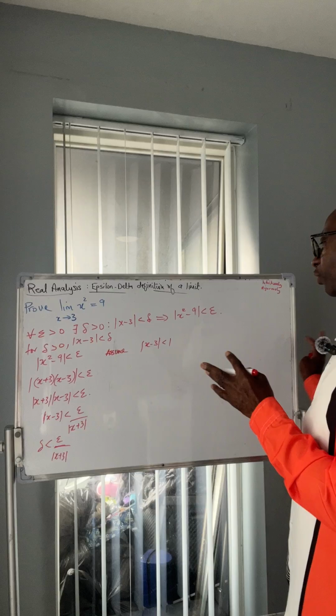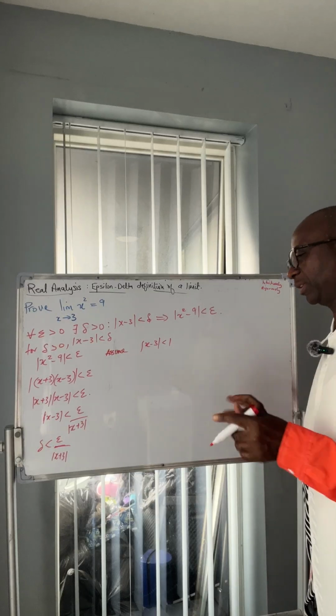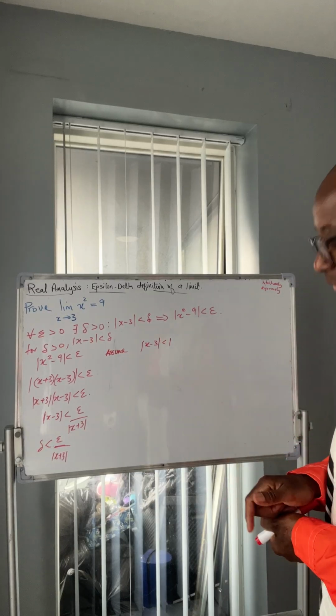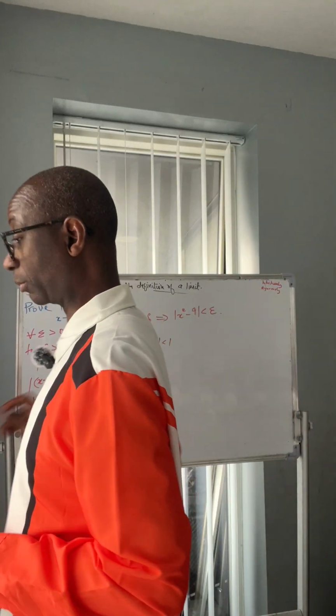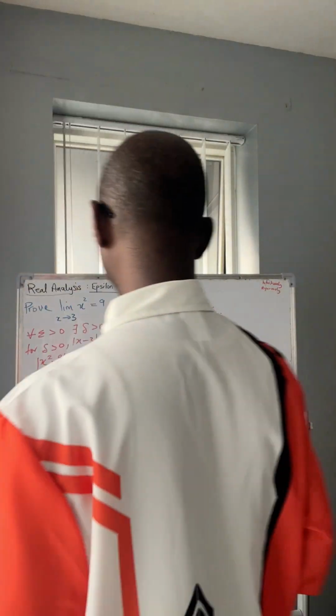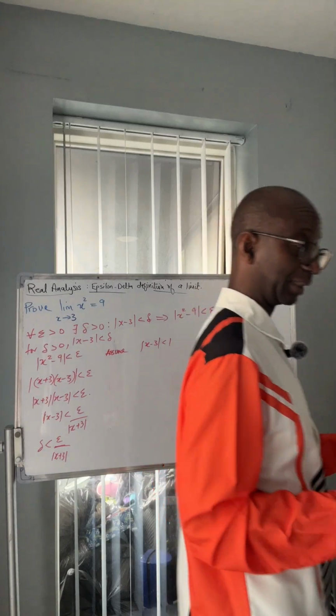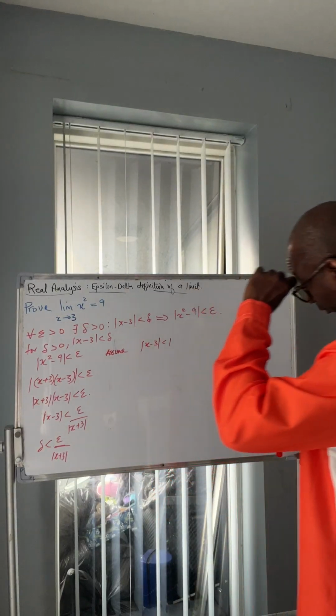We don't want to go too far. You can put 2, that is okay, 3 is okay, but normally 1 is preferable. It doesn't really matter what number you put there. At the end of the day, it's going to work out nicely, but 1 is preferable.